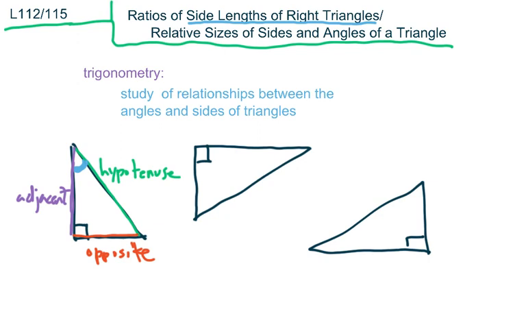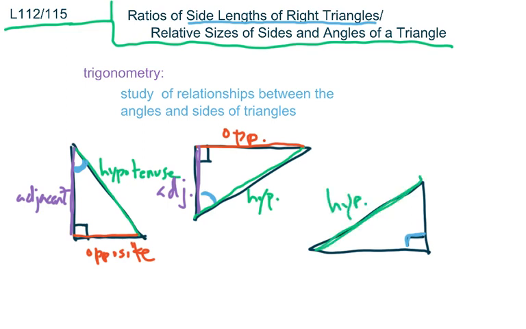If I go over to this middle triangle and I focus on that blue angle, then clearly this is my hypotenuse. Again, that will never change. The hypotenuse is always opposite the right angle. This side would become my opposite, and this side would be my adjacent. Opposite is across from the blue angle; adjacent is next to. If I then focused on this angle, clearly my hypotenuse wouldn't change, because the hypotenuse is always where it is.